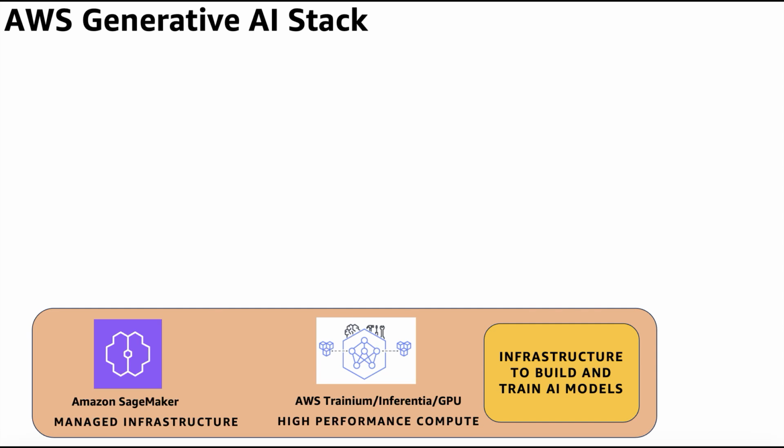Also, AWS offers advanced computing capabilities, including AWS Trainium 2 chips for faster model training and various EC2 instances optimized for AI workloads. The infrastructure layer also includes enhanced storage solutions like Amazon S3 Express One Zone for high performance, low latency object storage and improved networking capabilities through EC2 Ultra Cluster 2.0.